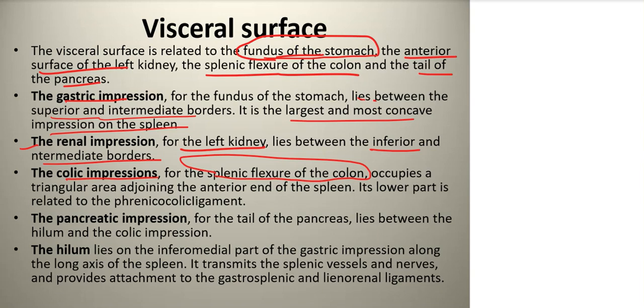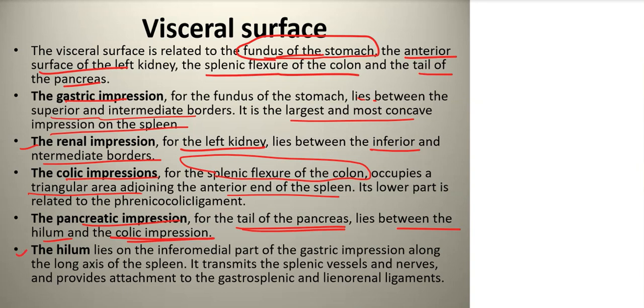Splenic flexure of colon occupies a triangular area adjoining the anterior end of spleen. Next is pancreatic impression, due to the tail of pancreas. It lies between the hilum and the colic impression.